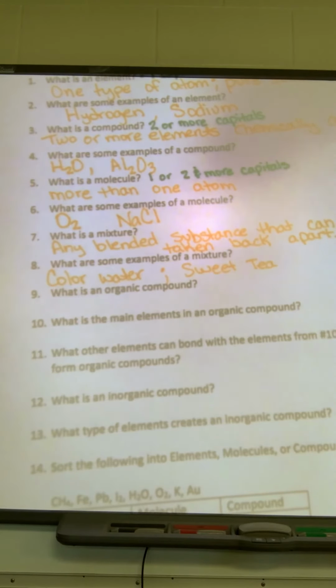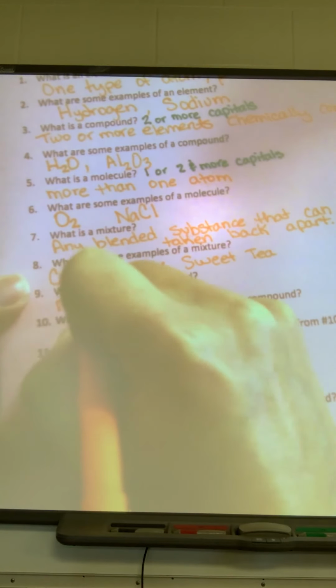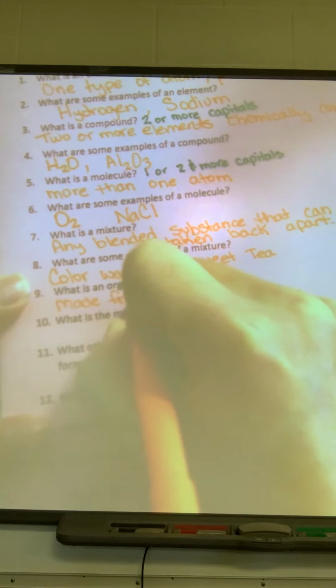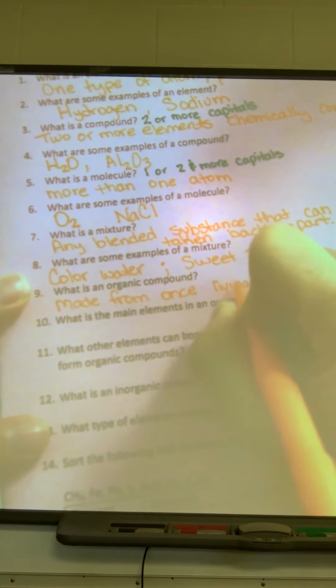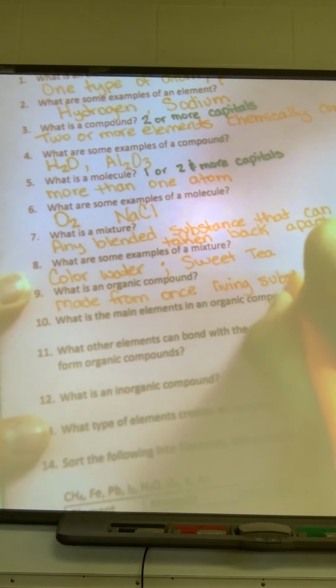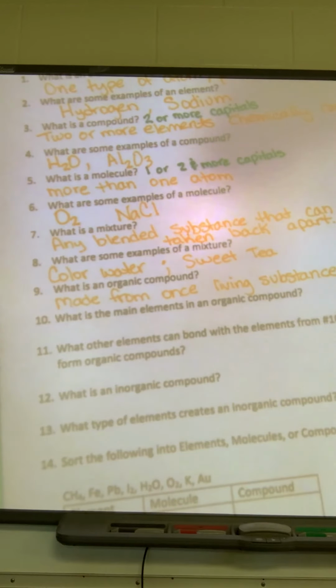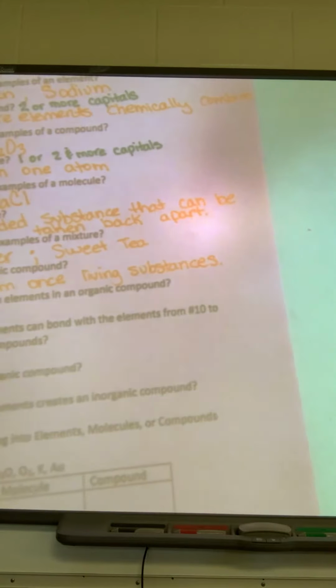All right, what is an organic compound? Now this is a big deal. Organic means that it was made from once living substances. When I look at it, the elements that have to be in there every single time are carbon and hydrogen.